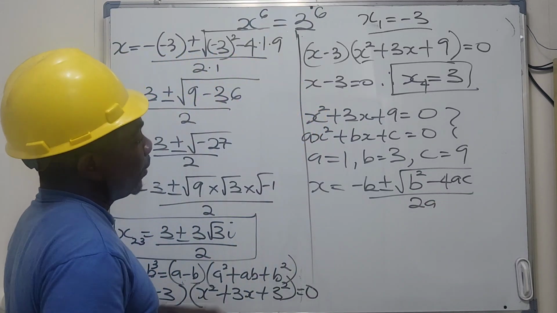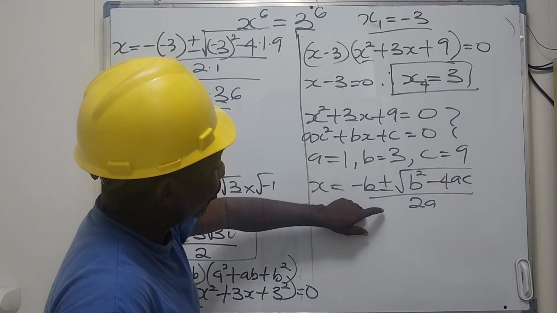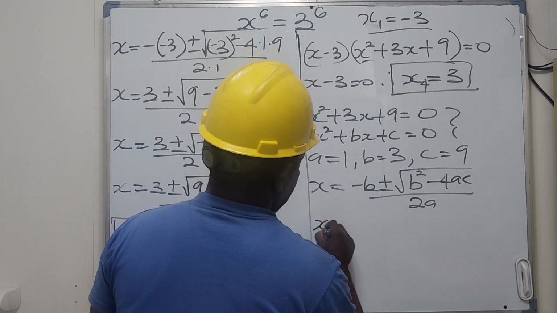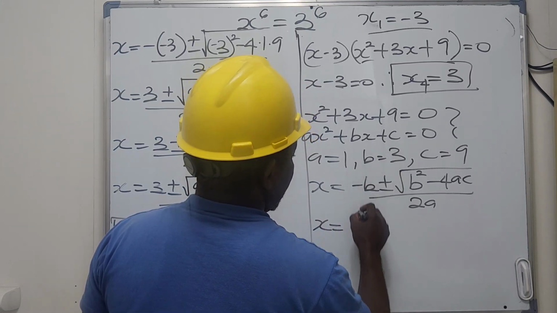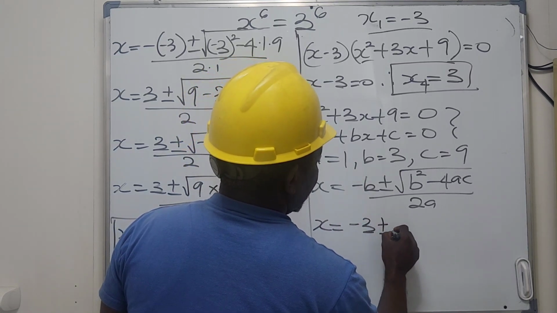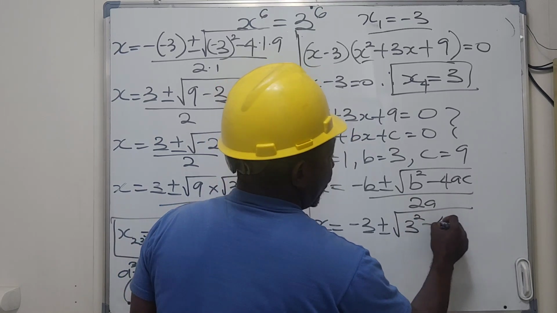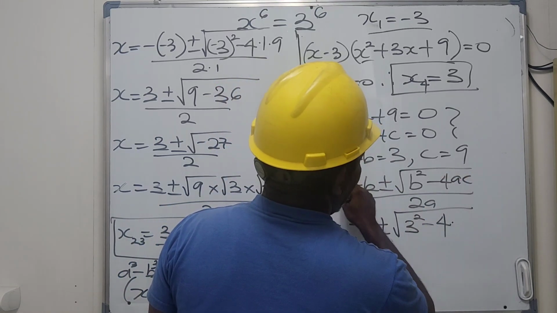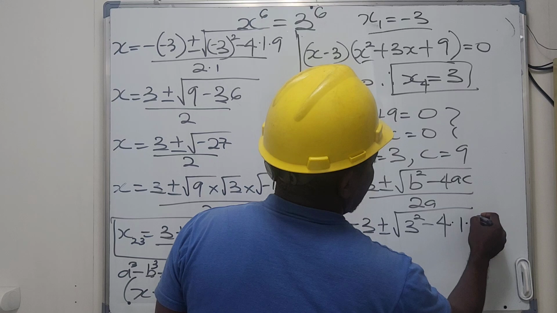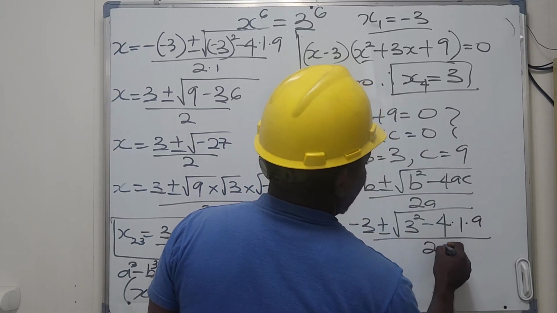So in this case, we will substitute these parameters into this equation, where x will become minus b, it becomes minus 3, plus or minus the square root of 3 to the power of 2 minus 4 times a, our a is 1, times c, 9, all over 2 times 1.